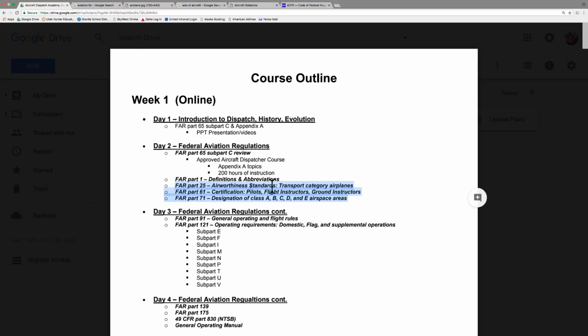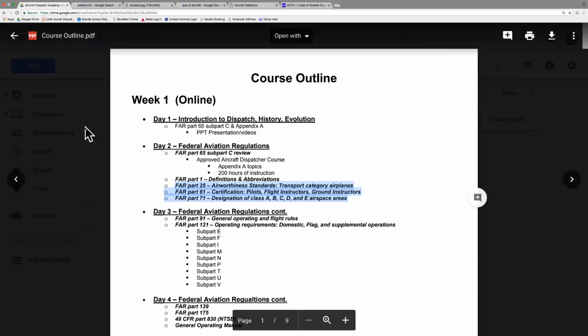These three and this FAR Part 1, that's the definitions and abbreviations that we went over. As far as these three, we're just going to get the highlights out of them and go through them pretty quick here.